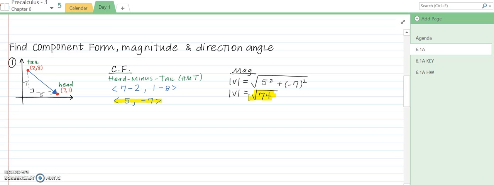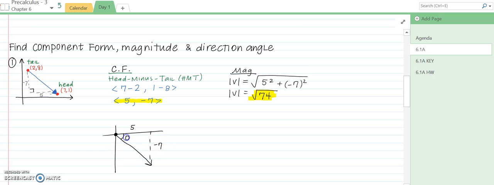Now the last thing it asks for is the direction angle. Think about this. If we stepped away from vectors for a second and I asked you to move to the right 5 and down 7, we'd be in quadrant 4. Right 5, down 7. So I want to draw a vector from 0, the origin, out 5, down 7.